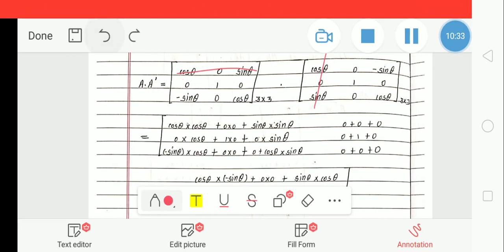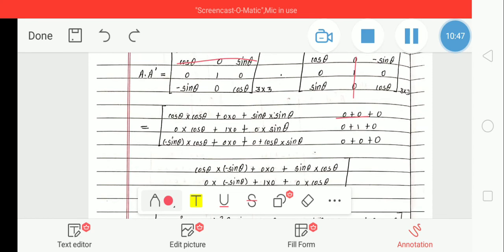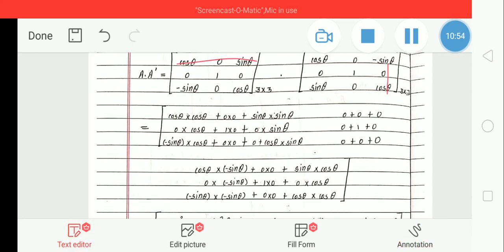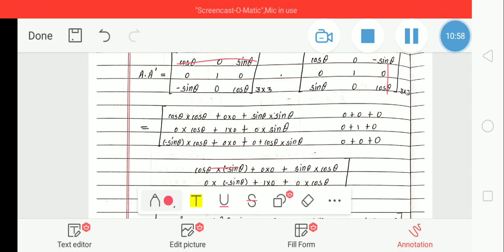Then first row second column: cos multiplied by 0 is 0, 0 multiplied by 1 is 0, sin multiplied by 0 is 0. Now first row and third column: cos multiplied by minus sin, then 0 multiplied by 0, and sin multiplied by cos.